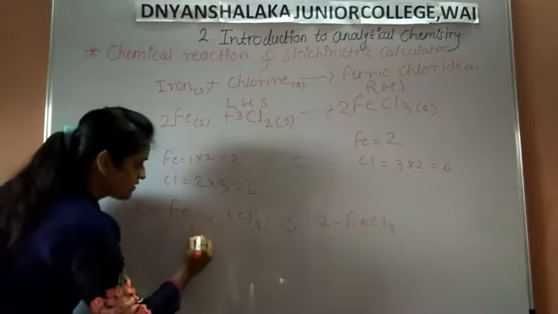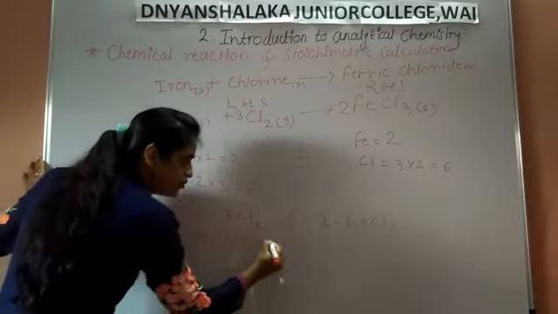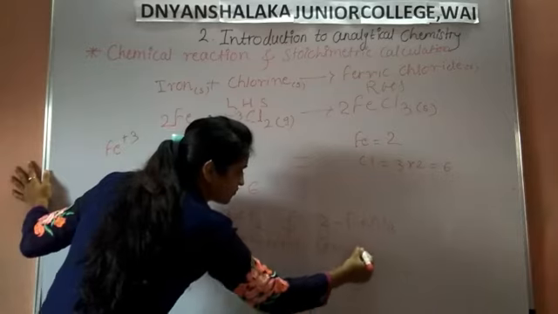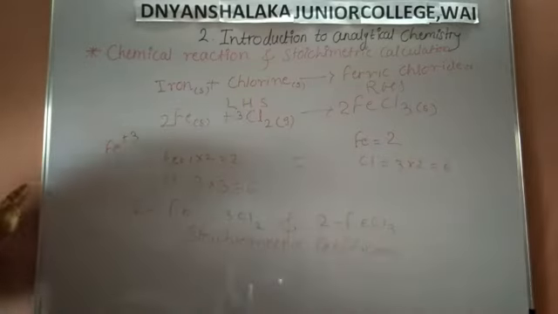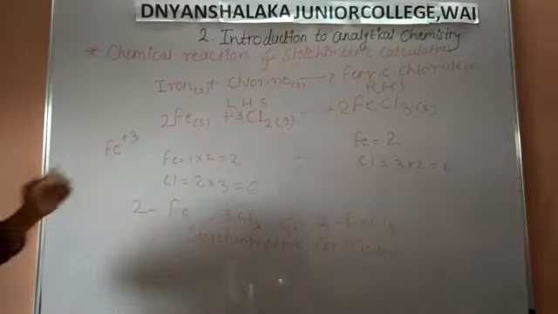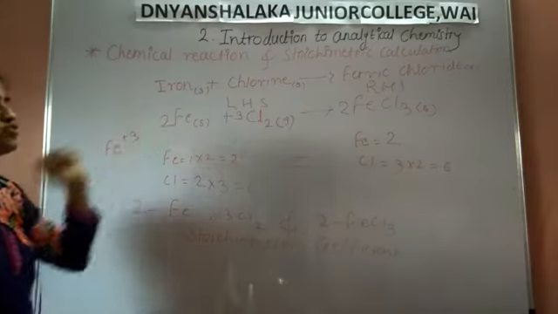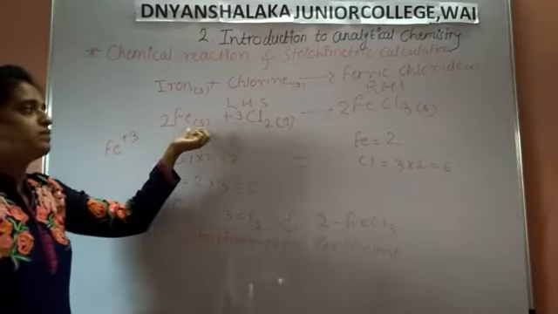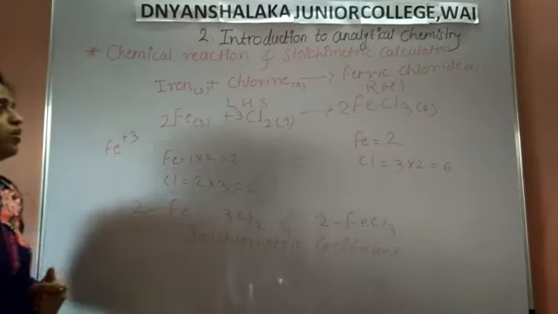This is called the stoichiometric coefficient. Finally, we balance this chemical equation by putting 2, 3 and 2. So this is a stoichiometric coefficient example and this is a balanced chemical equation or reaction.